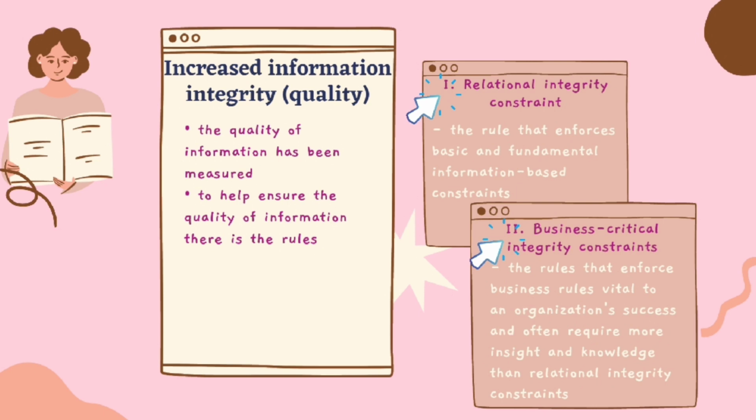For example, the user cannot create an order for a non-existent customer. While business critical integrity constraints are rules that enforce business rules vital to an organization's success and often require more insight and knowledge than relational integrity constraints. For example, product returns are not accepted for fresh products 50 days after purchase.